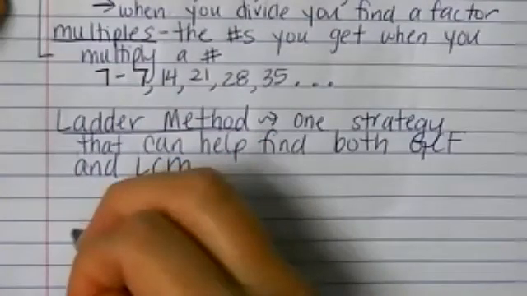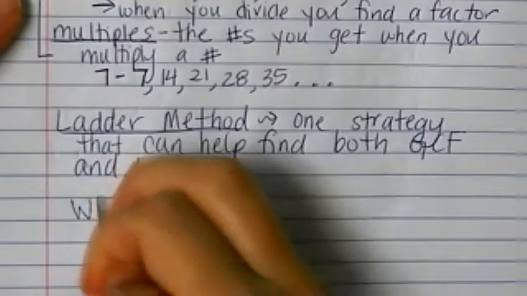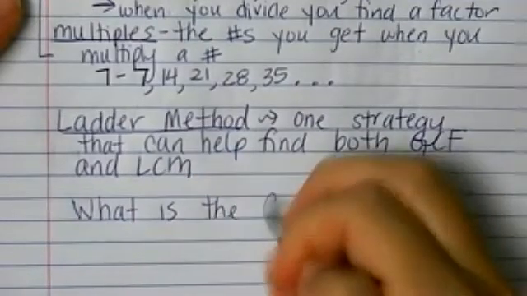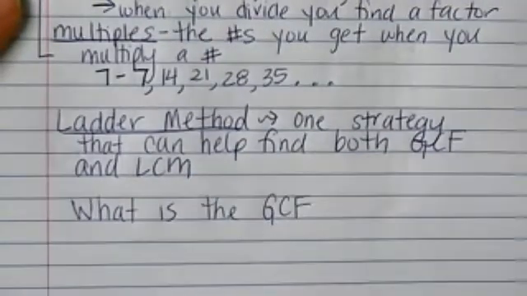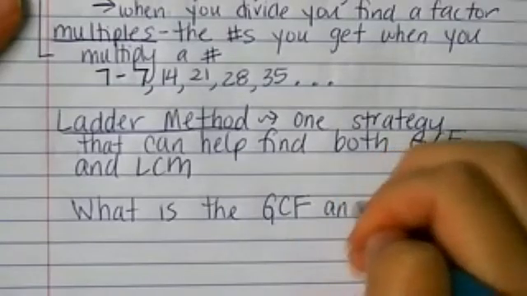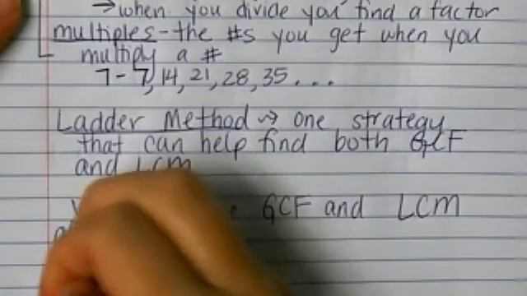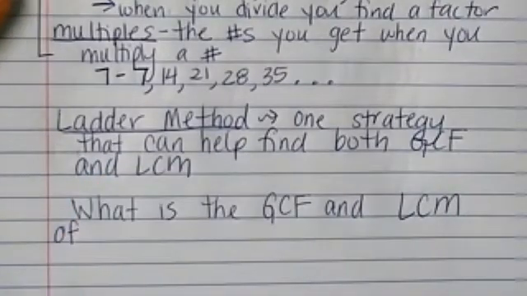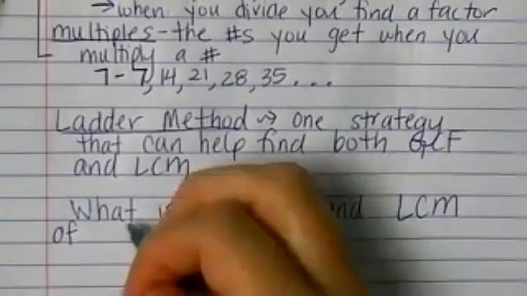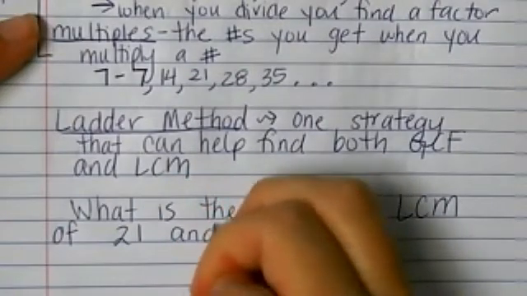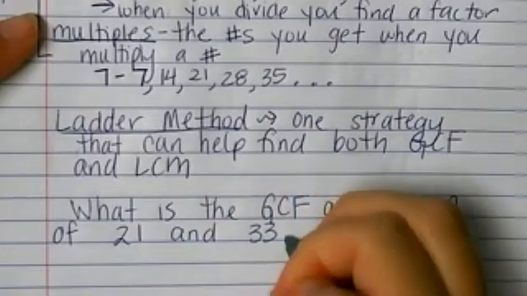Okay. So let's imagine that we're asked to find the greatest common factor, GCF, and the least common multiple of 21 and 33.